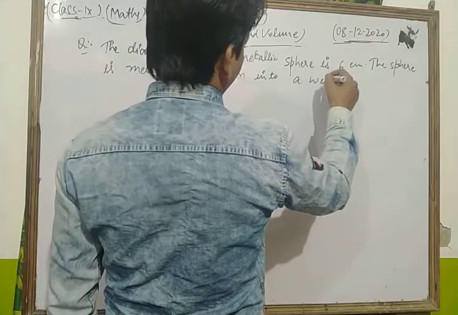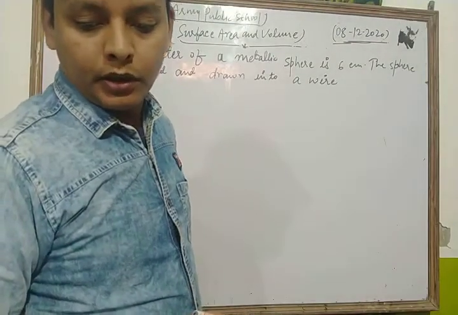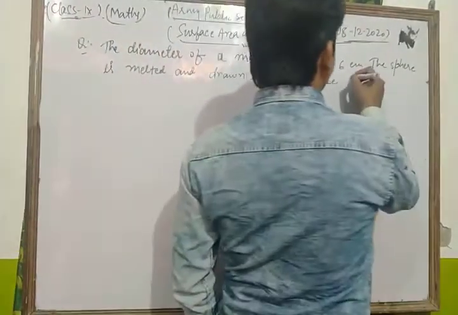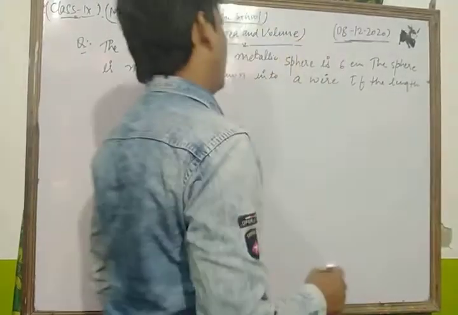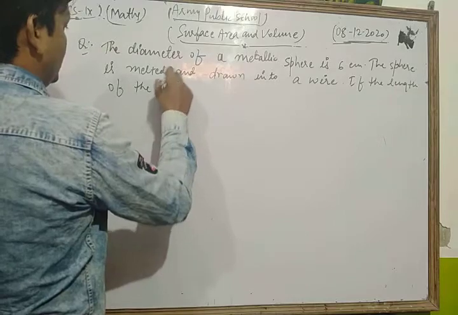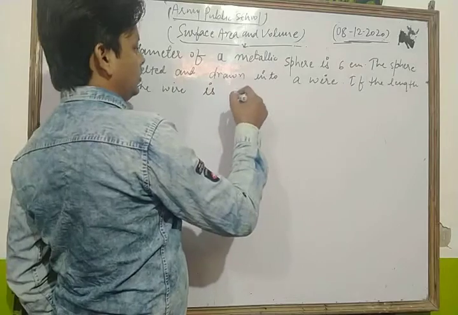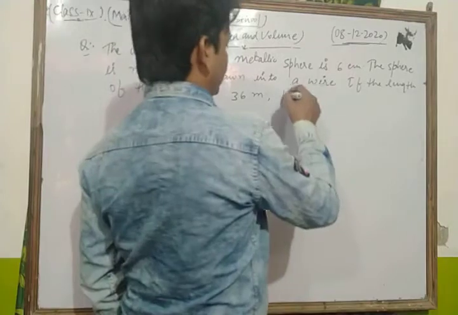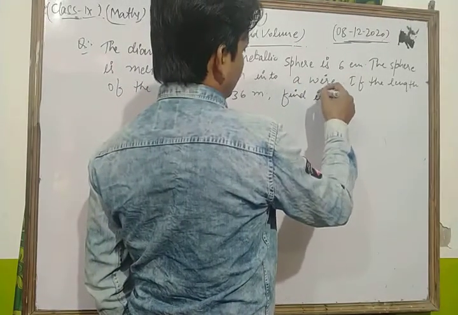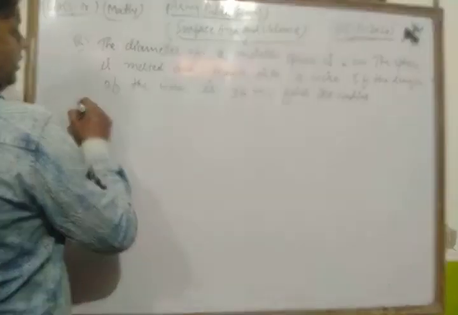If the length of the wire is 36 meter, find its radius. Let's see its solution.